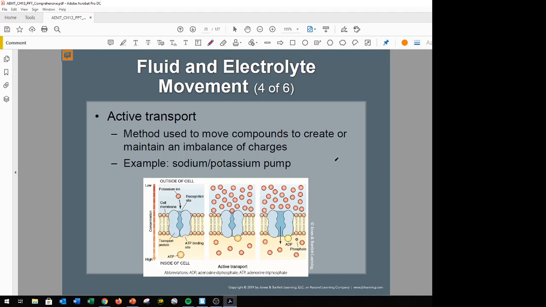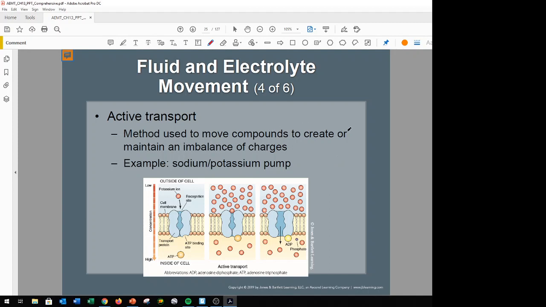And the thing about active transport, when you're comparing it to diffusion, is that it's not free. Active transport is going to cost you some ATP. Diffusion doesn't cost anything. It's just going to happen, just like water floating down a river, it's going to go with the current.